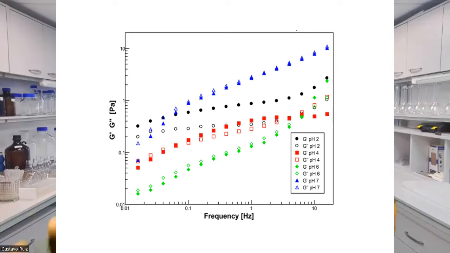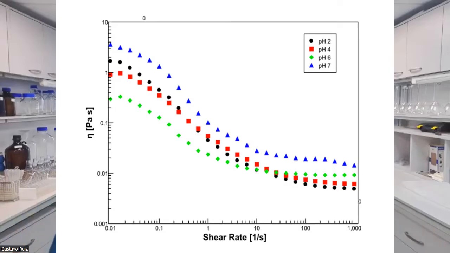Then in figure 3, we observe that it doesn't matter the pH, the behavior is a shear thinning behavior, which means that when the shear rate is increasing, the viscosity of the samples is decreasing.